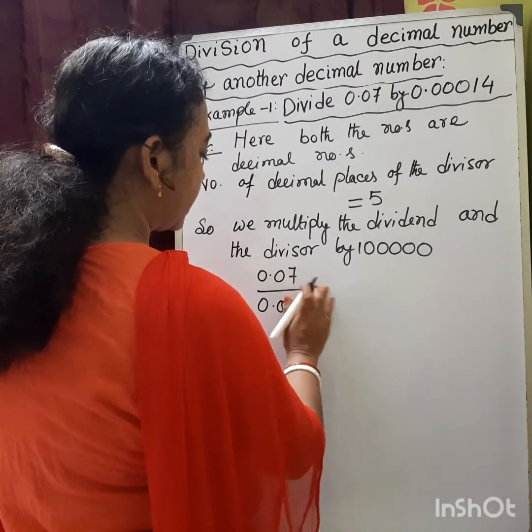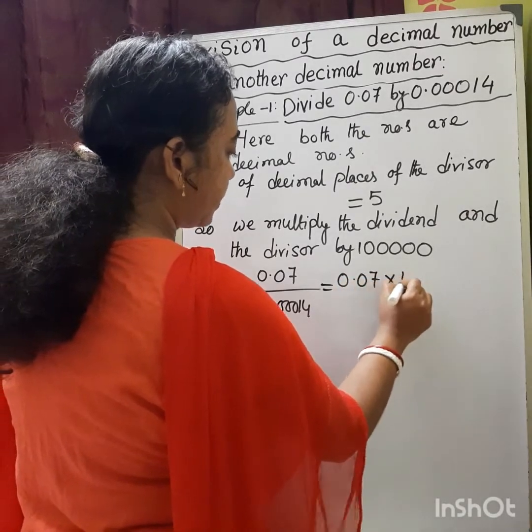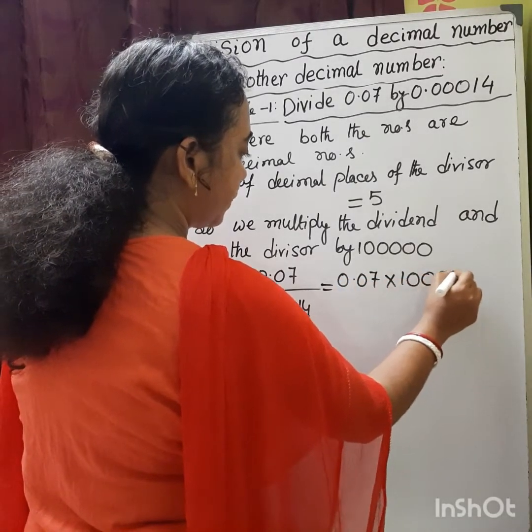So this we can write as 0.07 multiplied by 1 followed by 5 zeros.